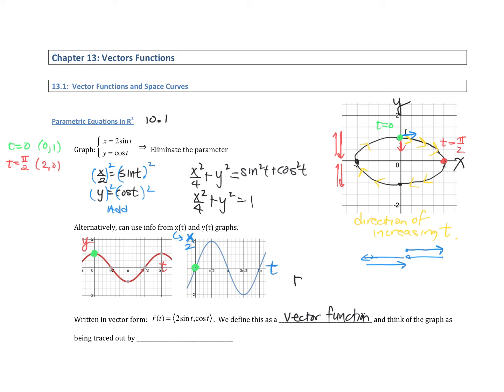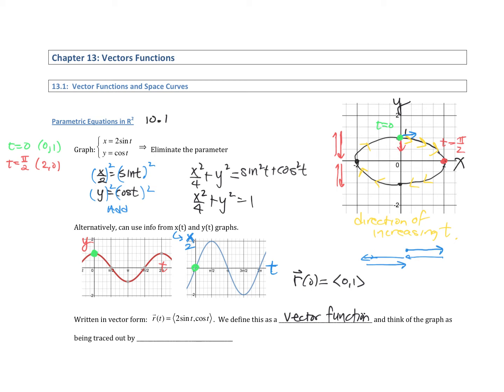So that's new. We haven't done that before. But for instance, if I put in r of 0, so if I put in 0 for t, I get 2 sine of 0, so 0. Cosine of 0 is 1. I get the vector 0, 1. Not a point, I get a vector. So where is that vector in my picture up here?